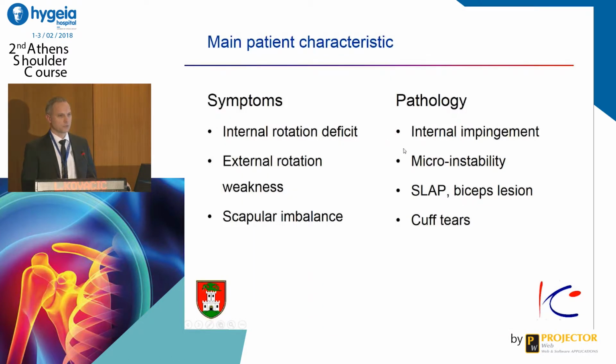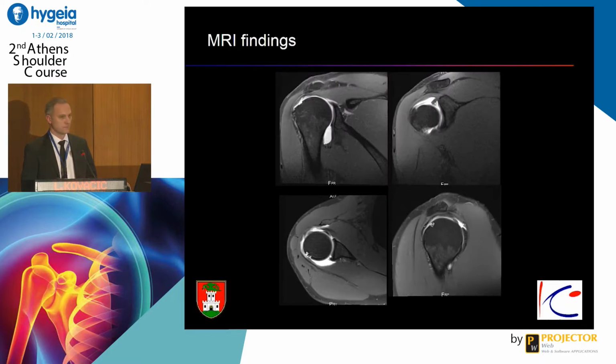So the main symptoms for the overhead patients are internal rotation deficit, external rotation weakness, and scapular imbalance. And the underlying pathology may be internal impingement, microinstability, SLAP or biceps lesions, and cuff tear.